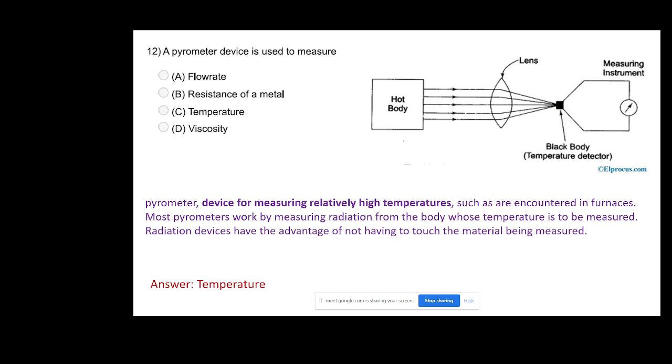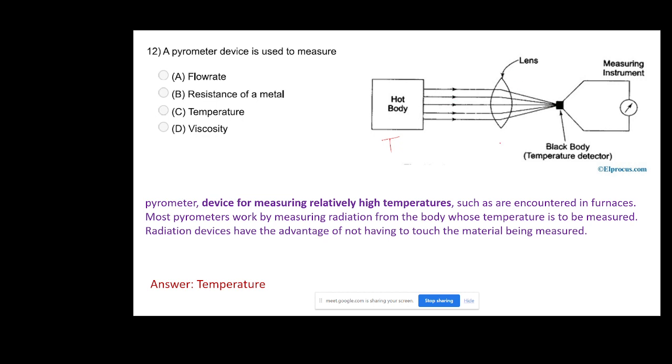Usually it is used to measure very high temperatures where we cannot go physically, or remote locations where we cannot go and measure, or the temperature is so high that other materials are not able to sustain it. Say for example, there is one hot body at temperature T, so it will emit some amount of radiation. The higher the temperature, the higher the radiation.